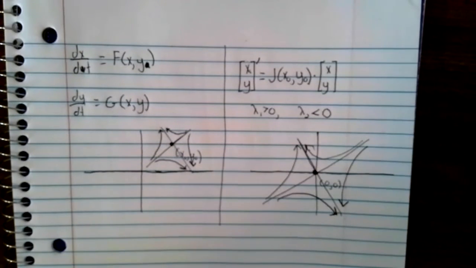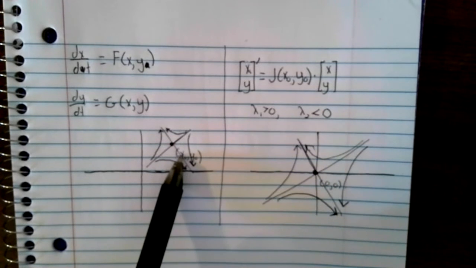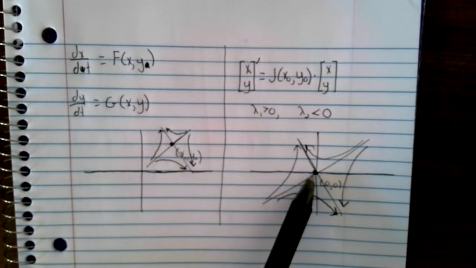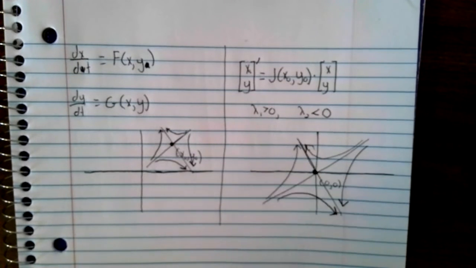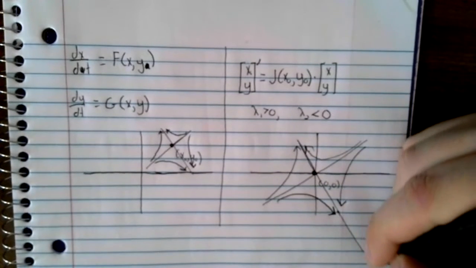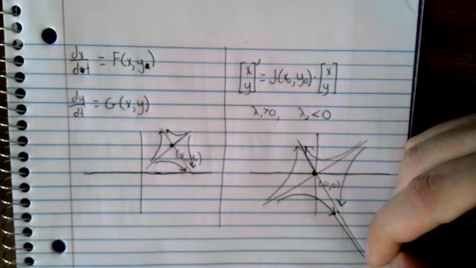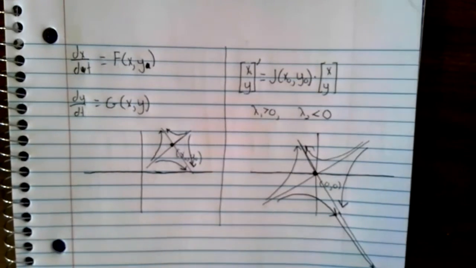Now, we must emphasize that this only gives a local behavior. Over here, knowing this is a saddle tells you what a trajectory does forever.